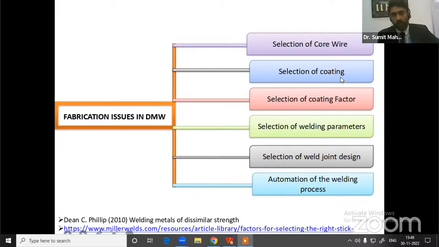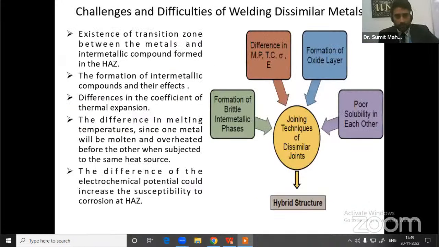Then selection of coating, what kind of flux coatings there are, how the components can be decided, the coating factor, welding parameters, selection of weld joint design, and automation of the welding. These are some of the issues present when we make a weld joint in different component materials. These are challenges and difficulties. I'm not going into much detail because there is a time constraint.